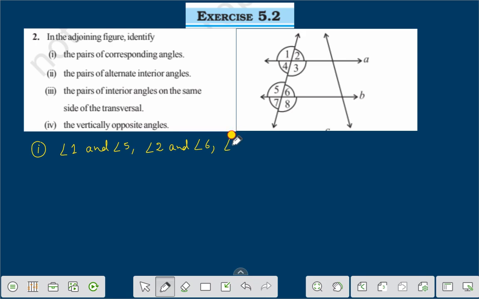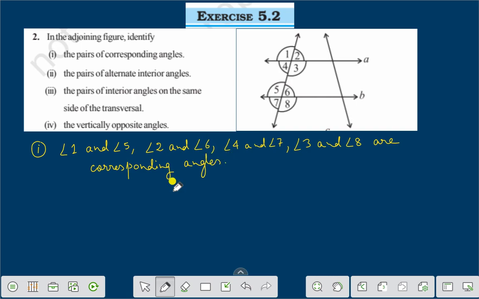Angle 3 and angle 8. Angle 1 and angle 5, angle 2 and angle 6, angle 4 and angle 7, angle 3 and angle 8 are all corresponding angles.